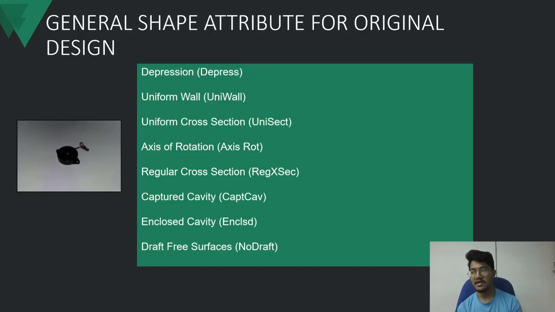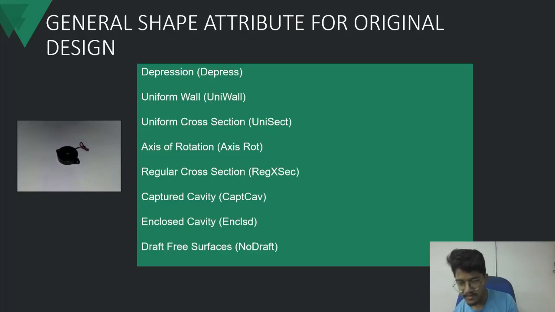Uniform wall is easily said that the outer wall of the part is uniform. Uniform cross section is when you cut the part into pieces, the part will remain the same shape, or the two parts are both the same shape. Axial rotation meaning that the part can be produced by turning.